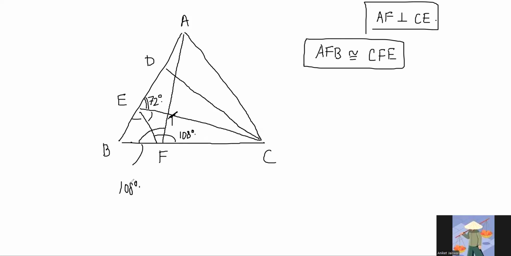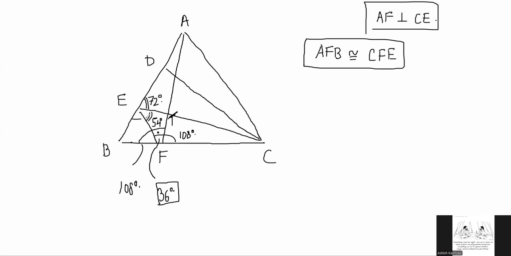Now, sir, we know that EFB is 72 degrees, so this part is 36. And we know that FET is 54. So we are left with 90 degrees.